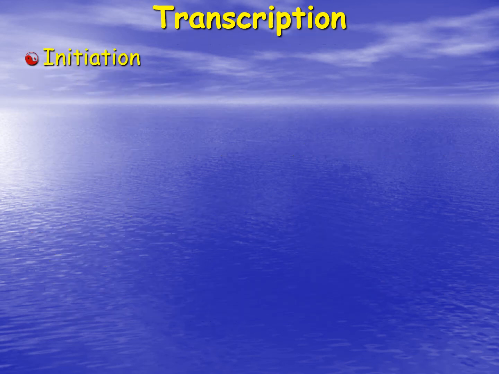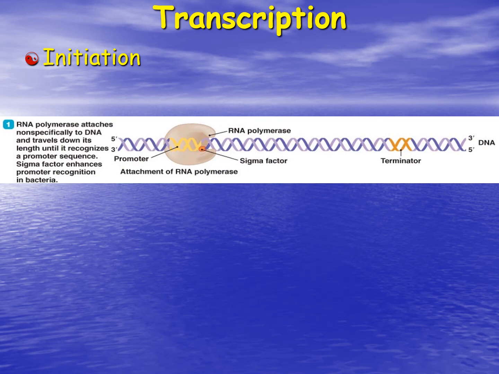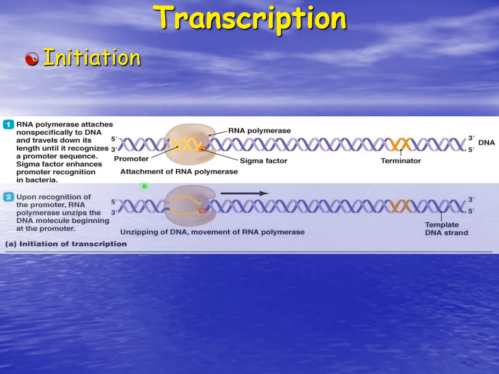So transcription is initiated at the promoter site of the gene. And so the RNA polymerase is going to separate or create a bubble within the gene or the chromosome at this point, at this locus. And this will then read the template strand of the DNA, making the messenger RNA copy.